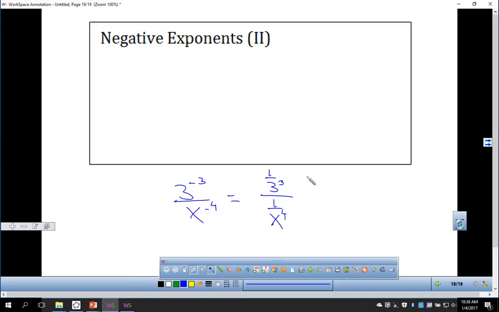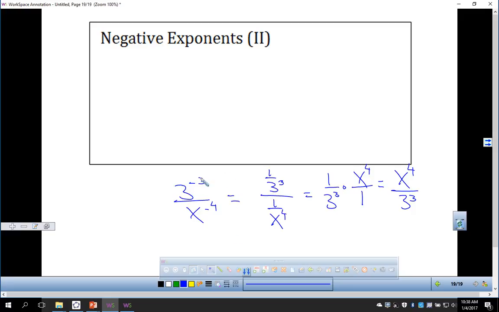You guys know copy dot flip, right? 1 over 3 to the 3 times the reciprocal of the bottom, x to the 4 over 1. And when I simplify that, I get x to the 4 over 3 to the 3.